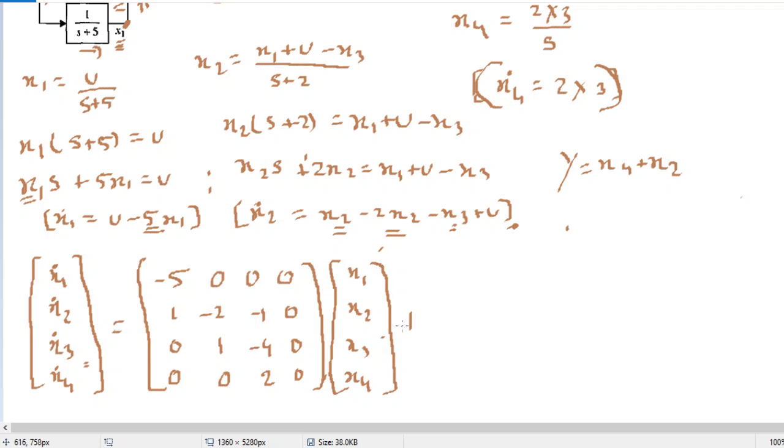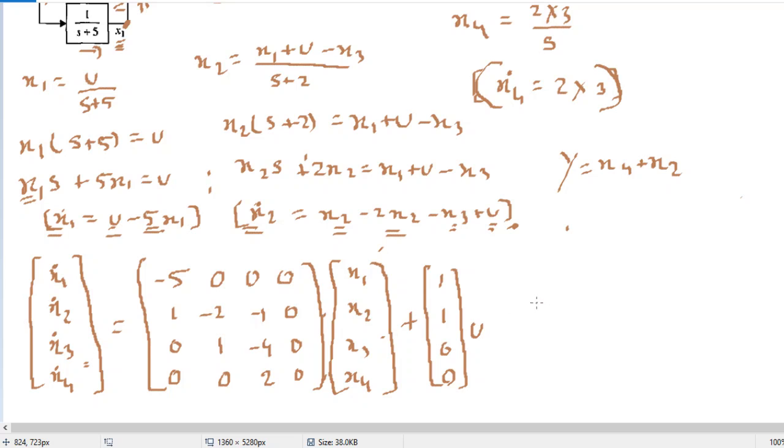And in this equation we have two inputs. First with x1 is u, and with the second, x2 is u. So we can denote here 1 1 0 0. This is the equation that we solved, and this is the input matrix for u.